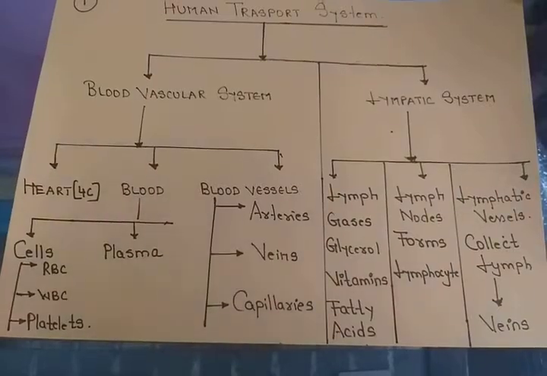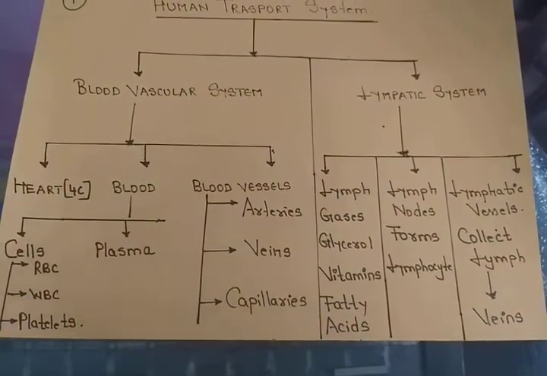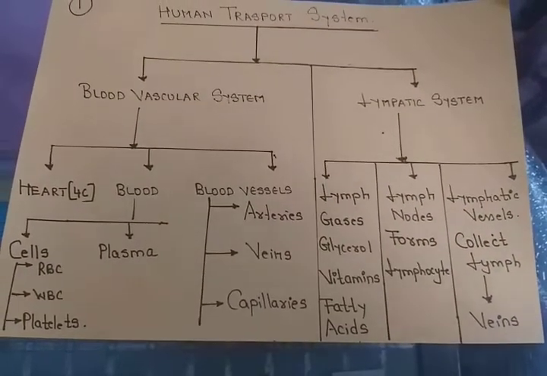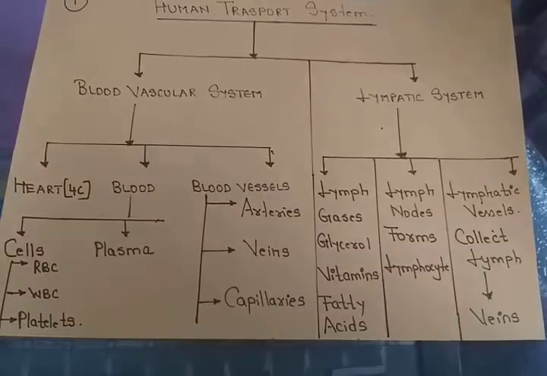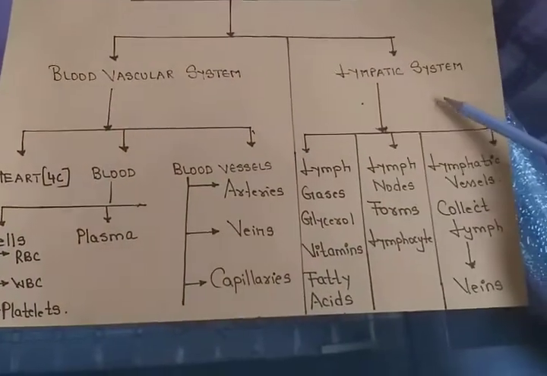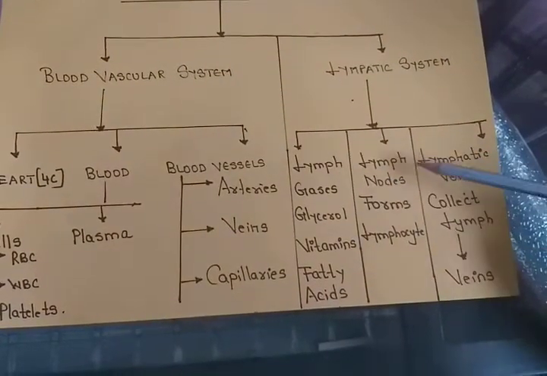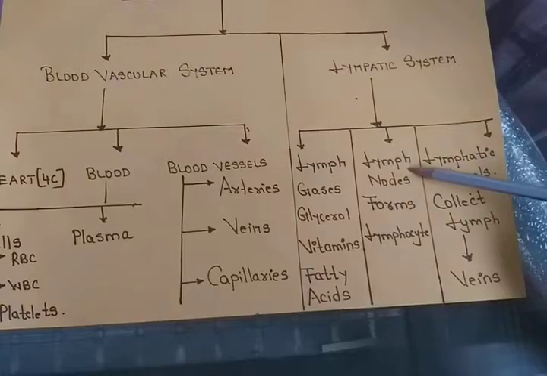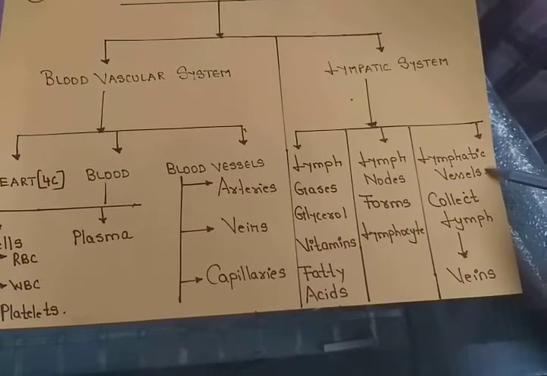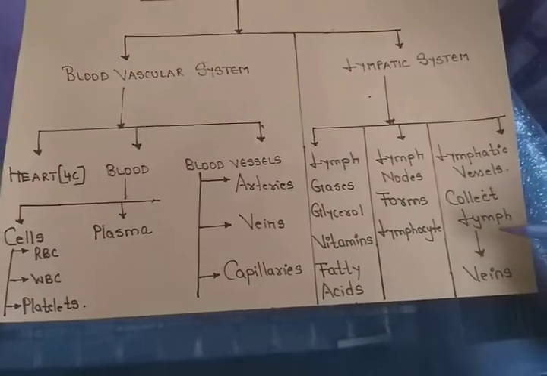Okay, it is pale yellow in color, and that particular fluid forms the entire system which is called lymphatic system, along with its nodes, vessels, and its own capillaries. Okay, so the entire lymphatic system is made up of lymph, which is a fluid, lymphatic nodes or lymph nodes, and lymphatic vessels. Okay, we will go into detail of the lymphatic system at the end of this topic.